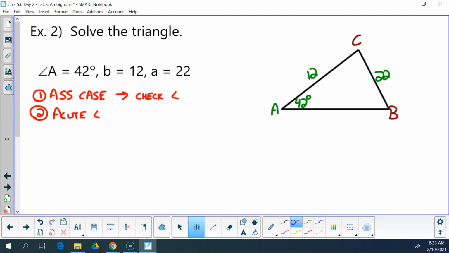So then it's an acute angle. So then we have to compare the opposite side to the adjacent side. Is the opposite side bigger or smaller than the adjacent side? Bigger. Okay.